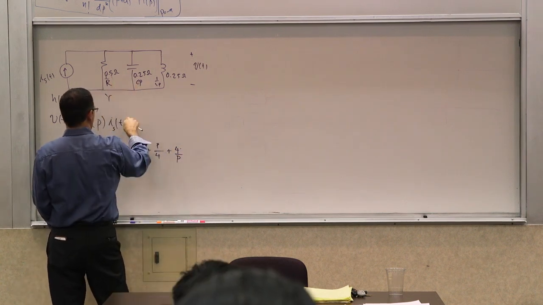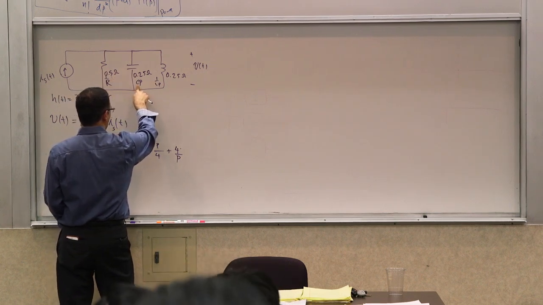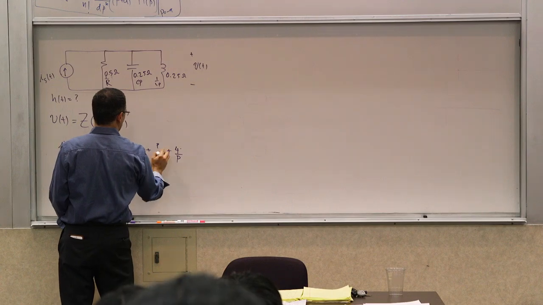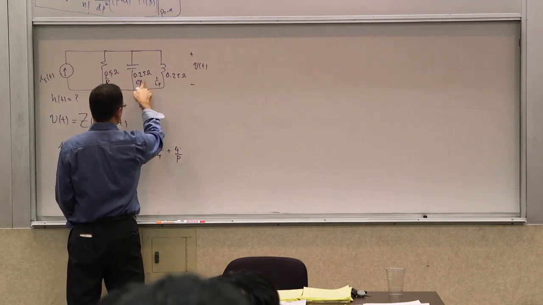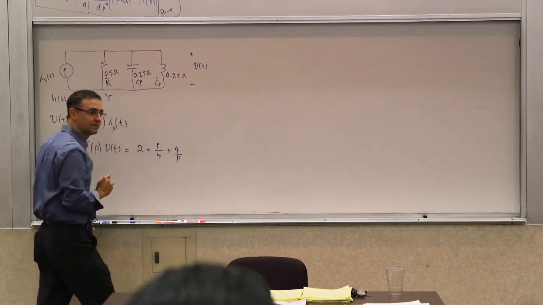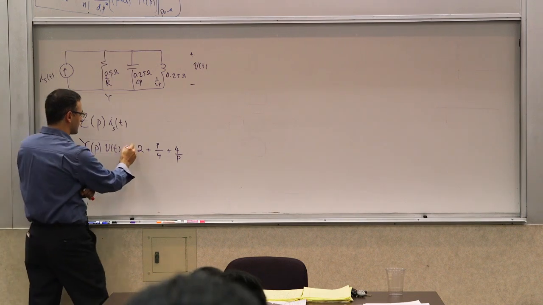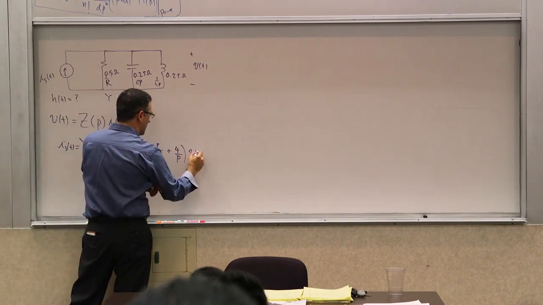Think about this. This is 1 over R. This is Cp, right? Yeah, 1/4 of p. And then this is 1 over Lp, which is 4 over p. Should it be a quarter farad? Yes, yes, they are.